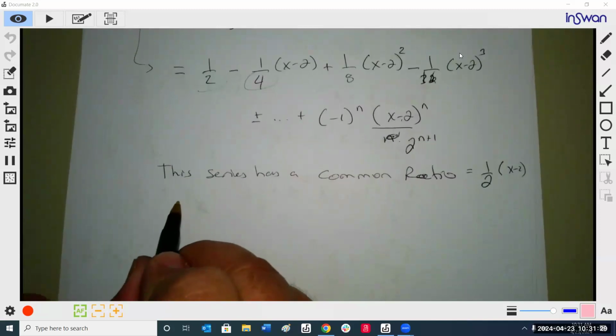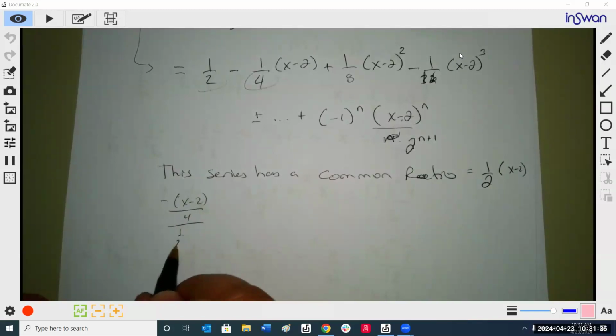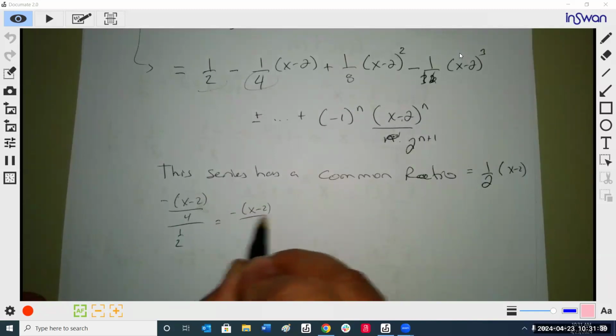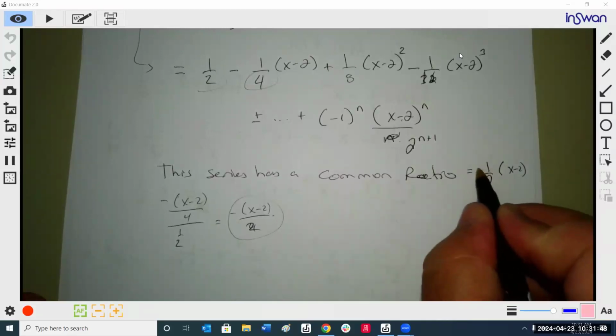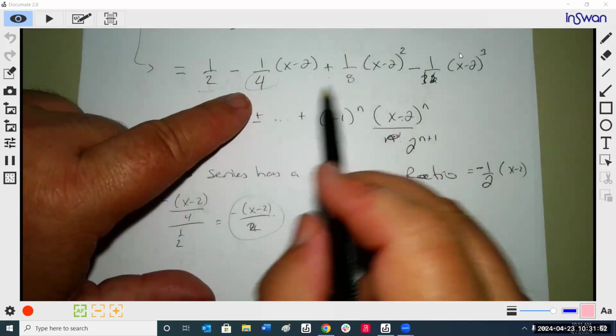So we have negative x minus 2 over 4 divided by 1/2 is negative x minus 2 over 2. And the next one's positive and negative.